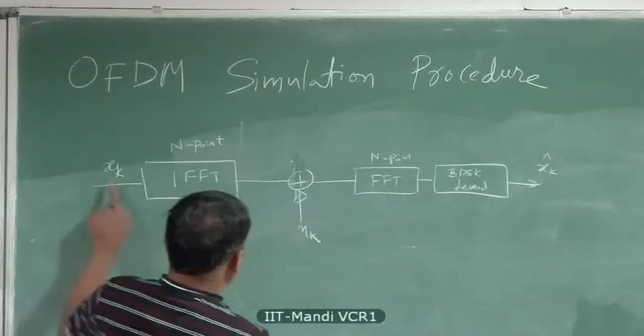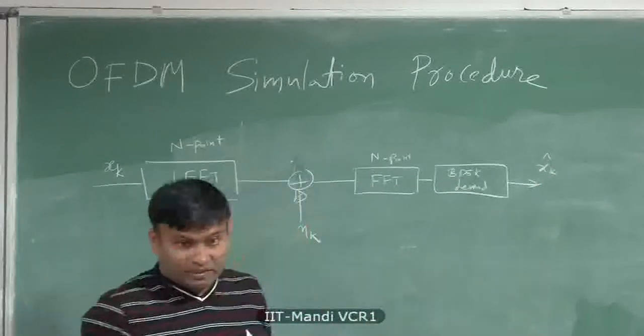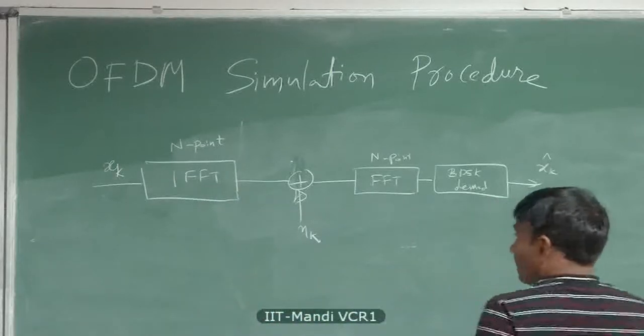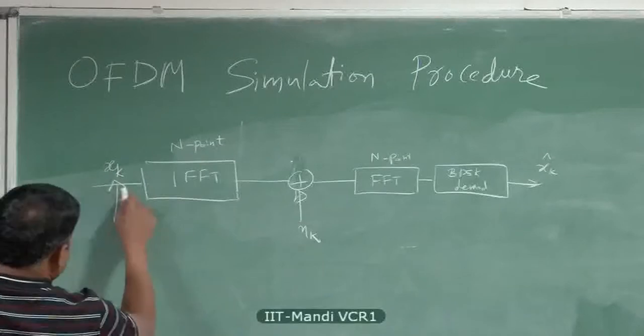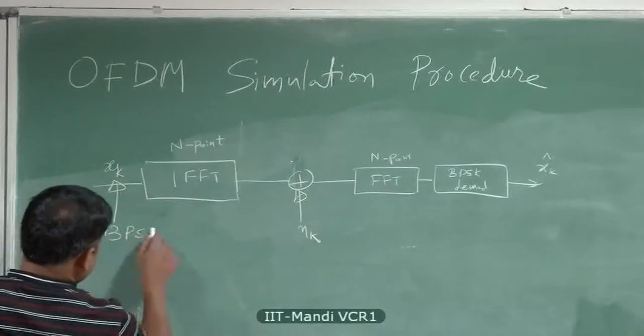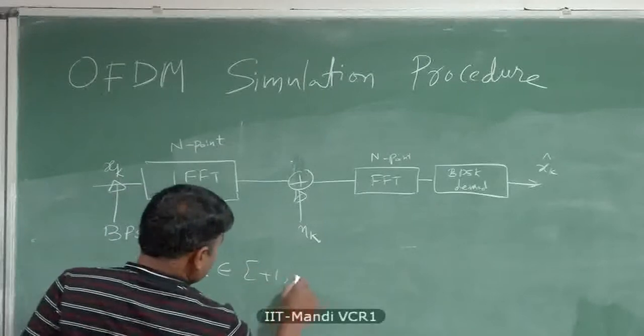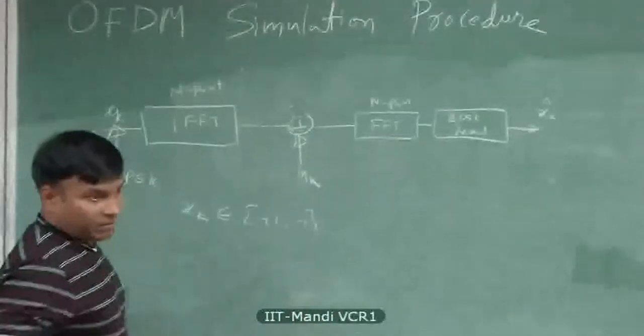Then you'll compare X_k with X_k hat and calculate the number of errors. We said X_k to be BPSK symbols, right? X_k takes values from the set {+1, -1} with equal probability.